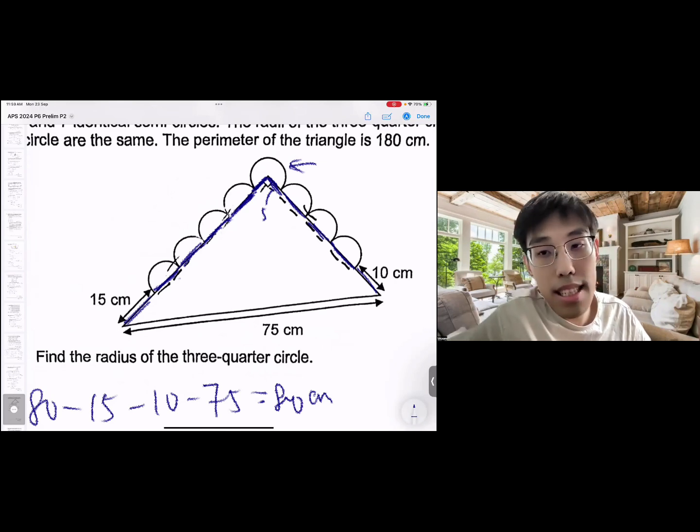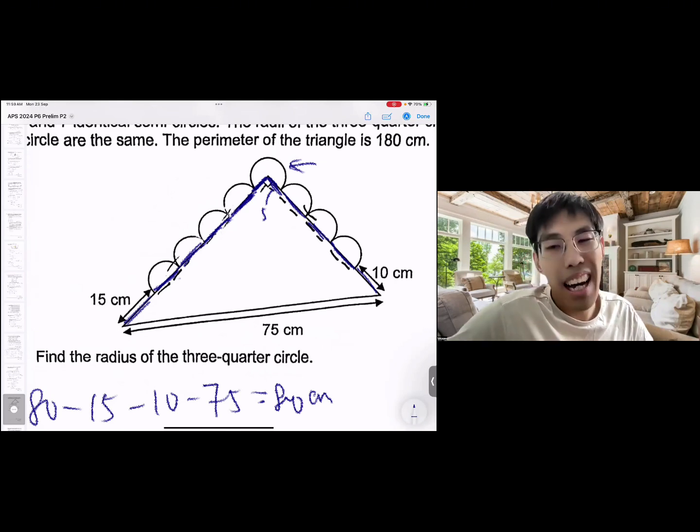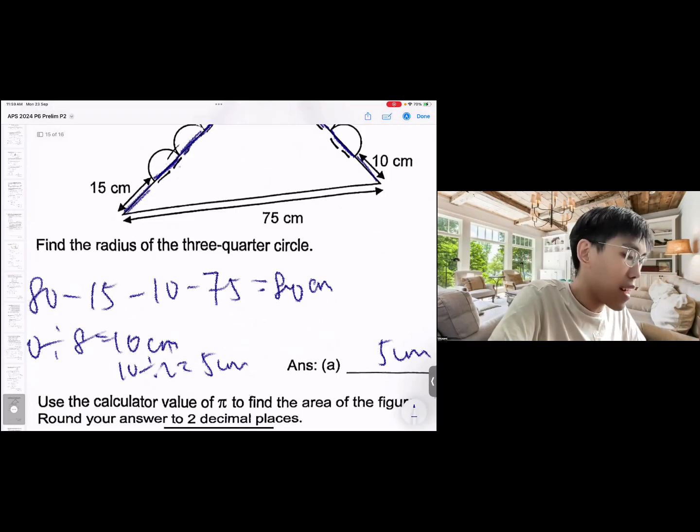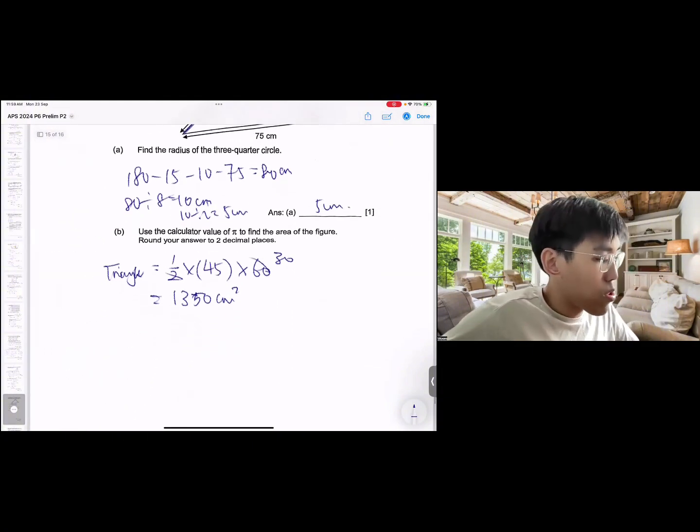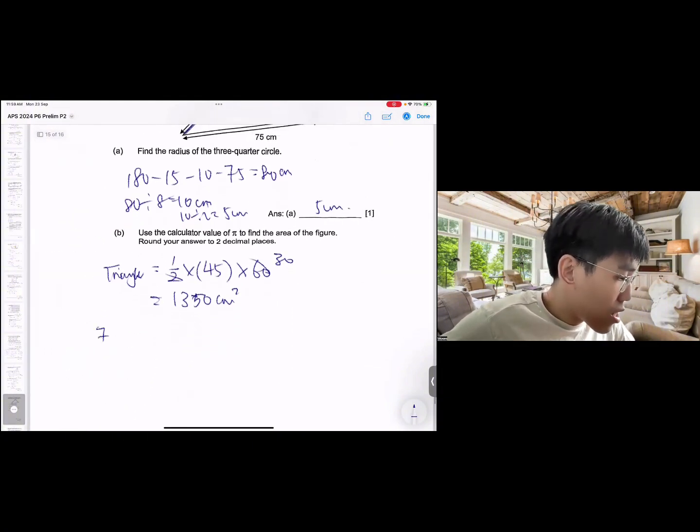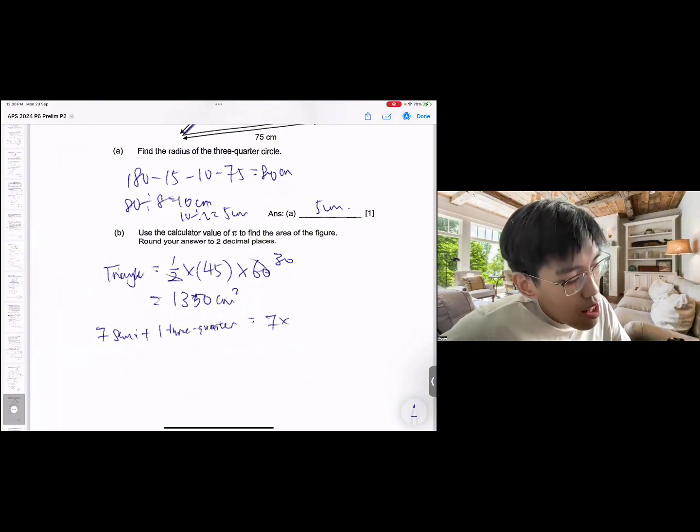Since they all share the same radius of 5 cm, I can just lump everything together. So I need to find how many circles there are. It's 7 semicircles plus one 3/4 circle. So it's actually 7 times half a circle plus a 3/4 circle.